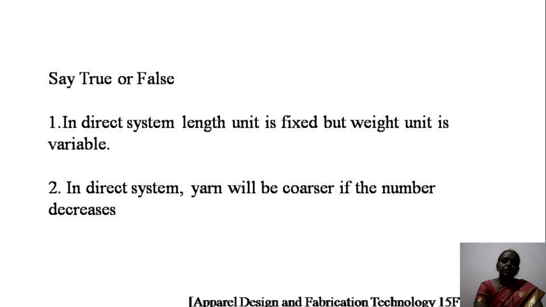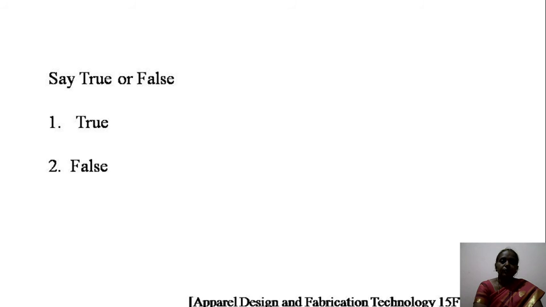Say true or false. In the direct system, length unit is fixed but weight unit is variable. In the direct system, yarn will be coarser if the number decreases. Whether both statements are true or false.